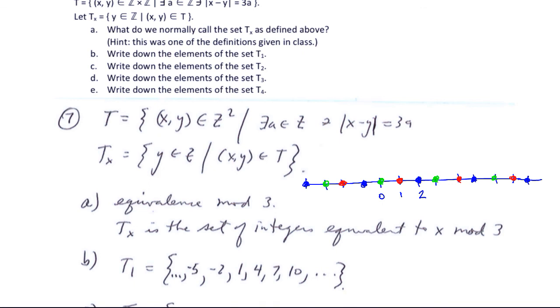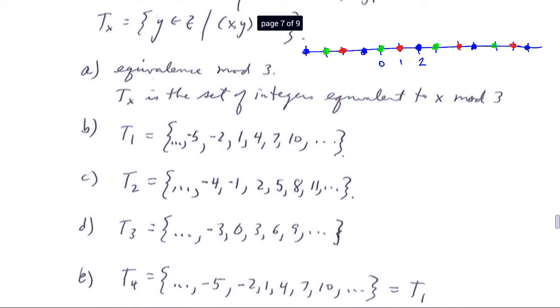Okay, so all the blue guys are a multiple of 3 distance from each other, including a distance from themselves, which is 0, which is also a multiple of 3. All the green guys have pairwise distances between them which are multiples of 3, and all the red guys. And this is the set of equivalence classes. So we've divided the integers into 3 equivalence classes by coloring them green, red, blue, etc.